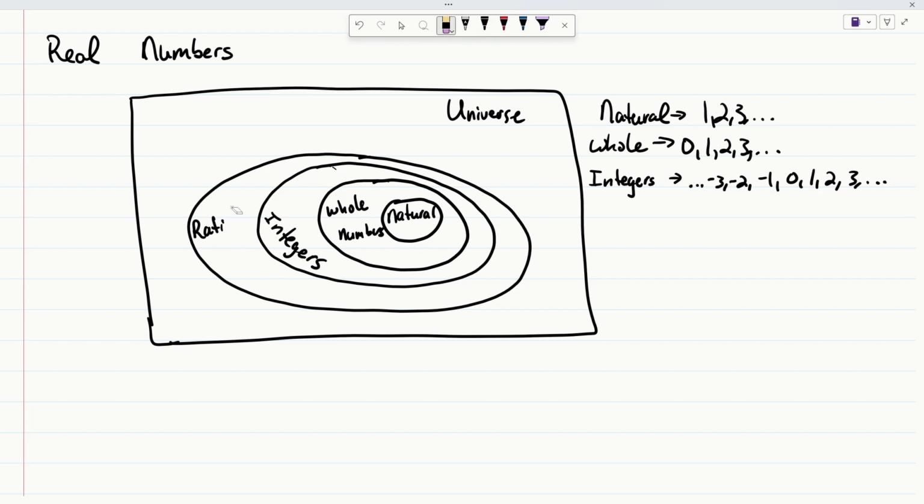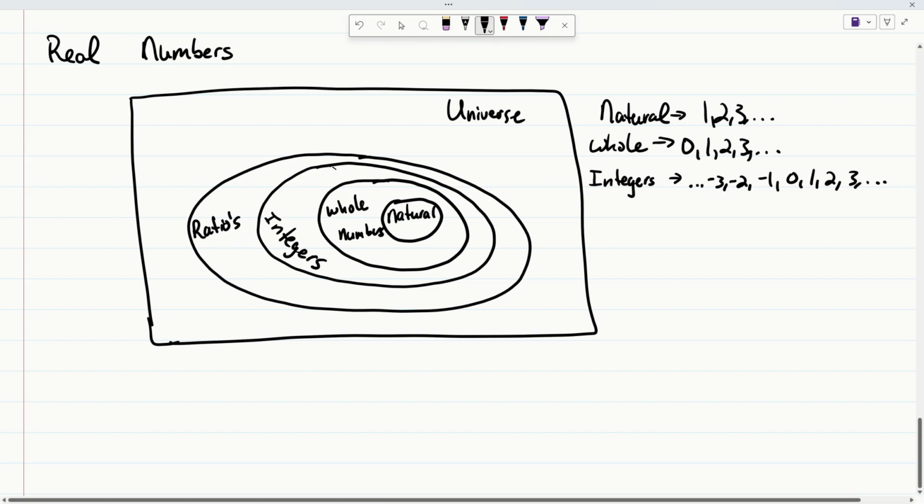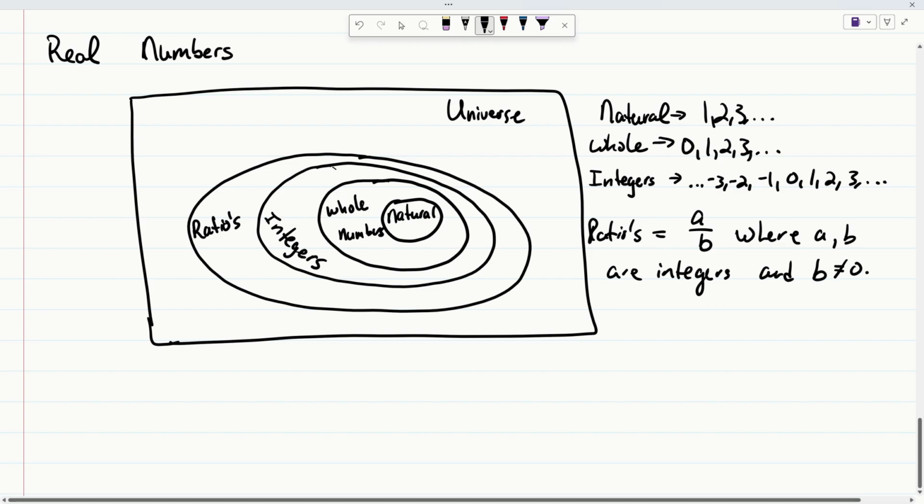Those are called ratios, and ratios look like this: A over B, where A, B are integers, and this is the most important part, B is not allowed to equal 0. So that's what ratios are.